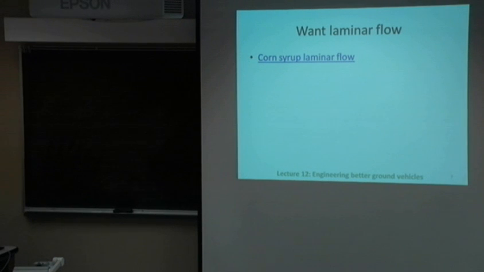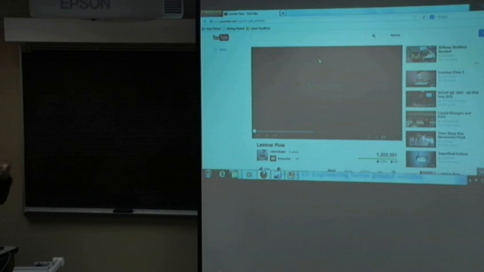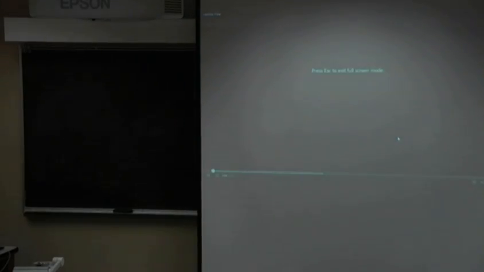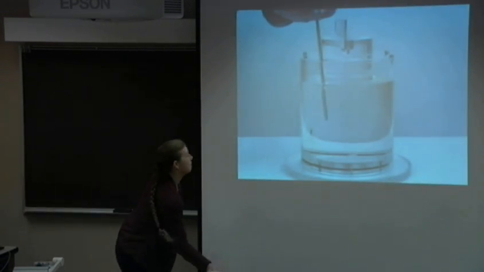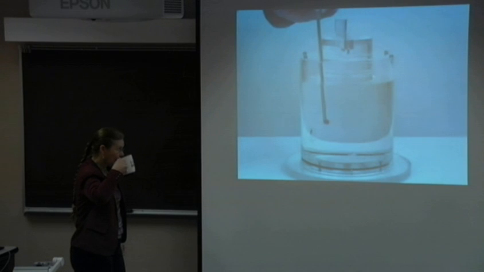Ooh, a movie. Corn syrup laminar flow. So laminar flow, again, is when the stuff, whatever it is, flows in layers. Bring in red. Corn syrup dyed red.